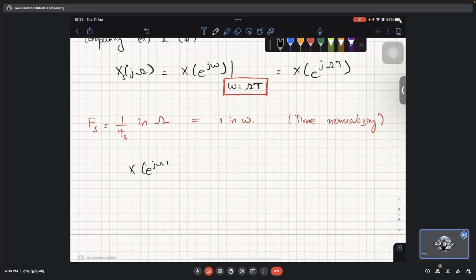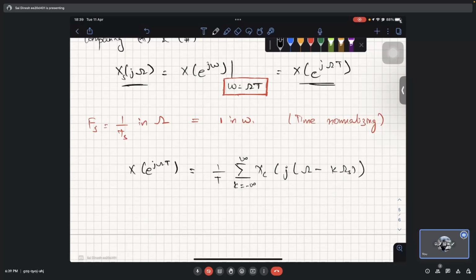And then again, while finally comparing, what do we get is X e power j omega T, which is this one, is equal to, what is Xs? We have already seen that it is a time shifted version, right? So 1 by T sum over k equal to minus infinity to infinity of Xc of j into omega minus k omega s.